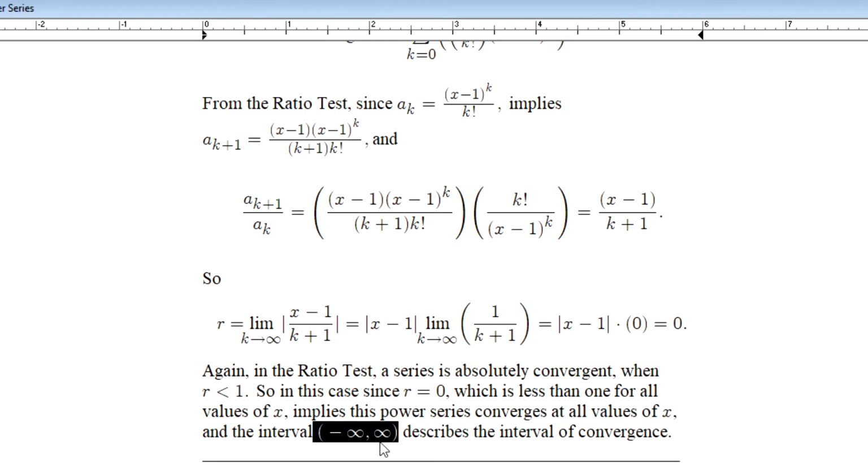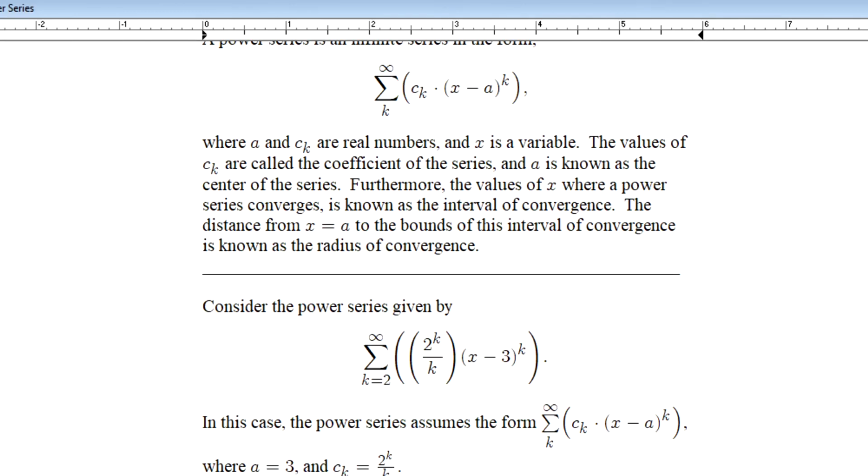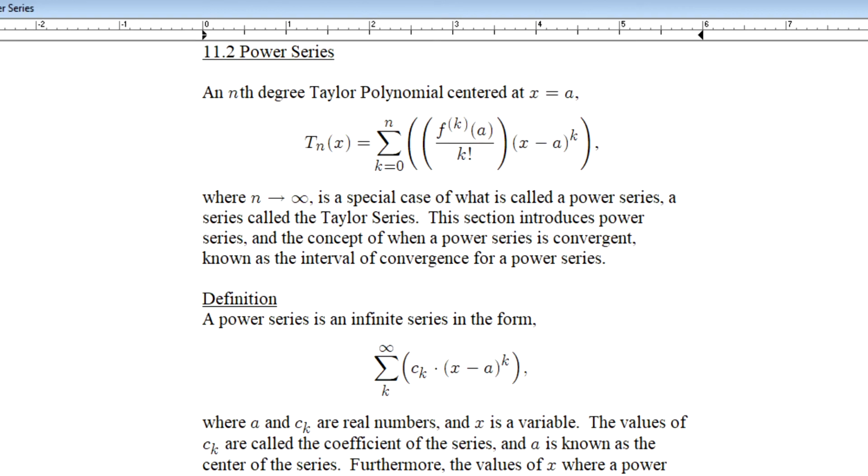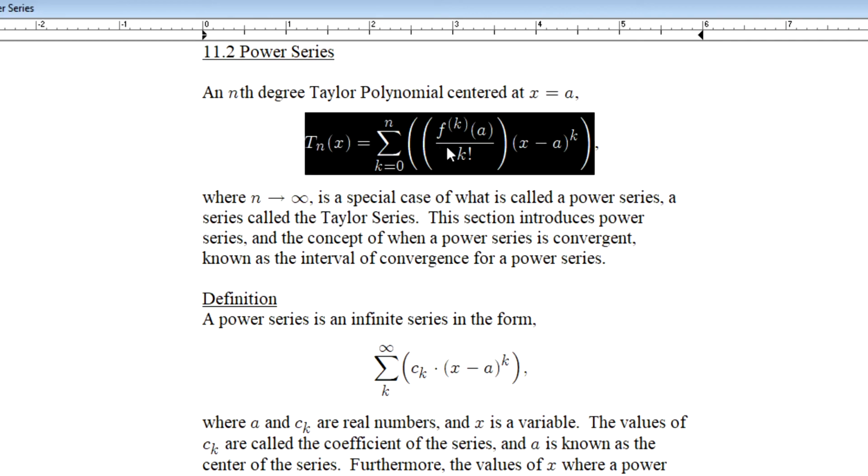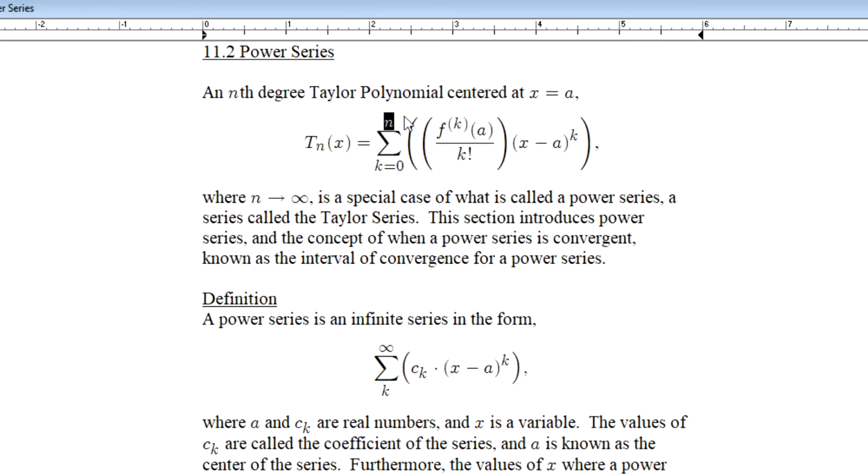So keep in mind, folks, we are going to be looking at the case for power series. And what brings us to power series, again, where we're heading into our next section, is understanding that what we're going to be looking at in the next section is a Taylor series. A Taylor series being really a Taylor polynomial that is infinite in size, that uses an infinite number of terms.